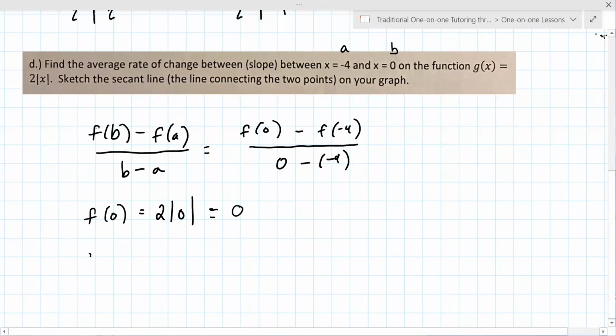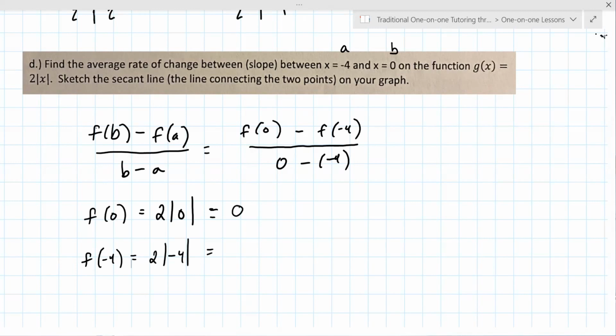Good. And then we're going to do f of -4. So that's 2 times the absolute value of -4. What is the absolute value of -4? 4. Okay, and 2 times 4 is? 8. Very good.